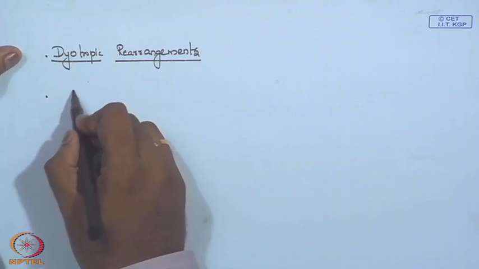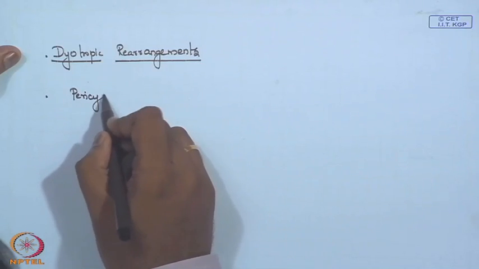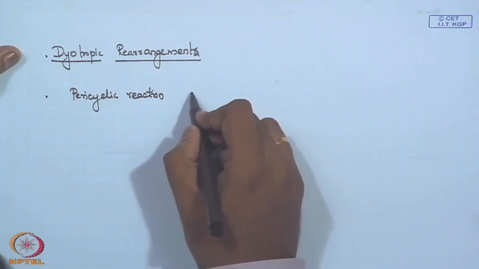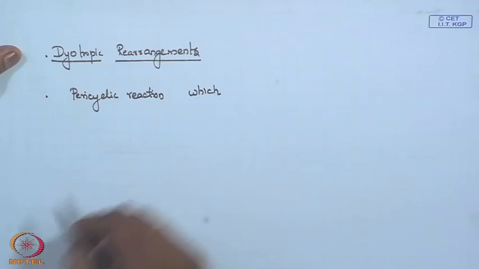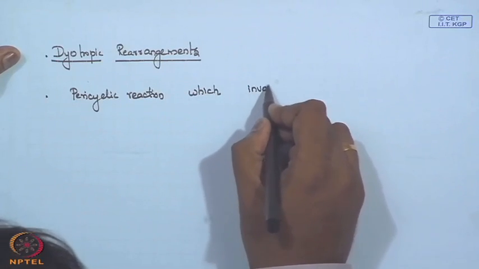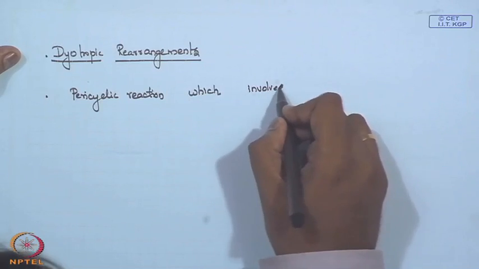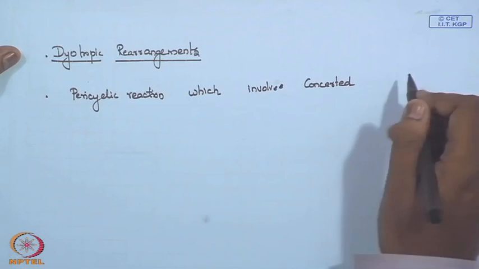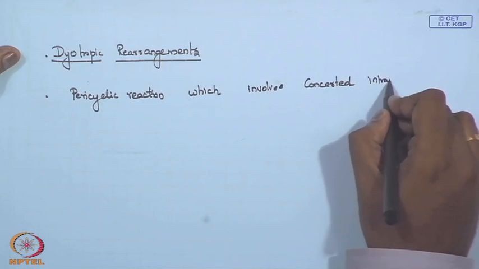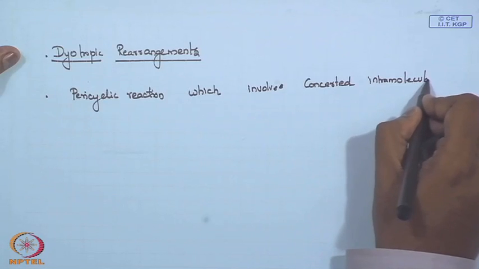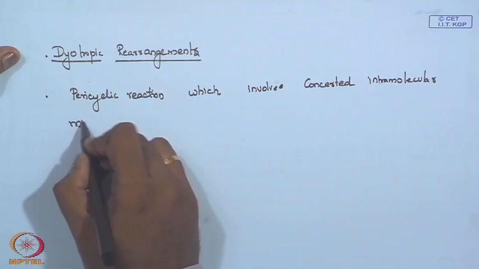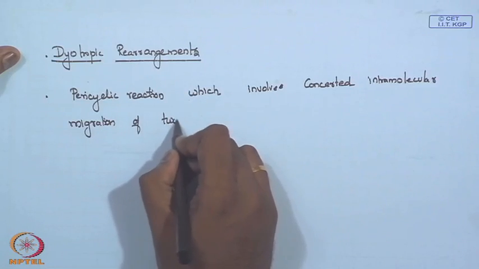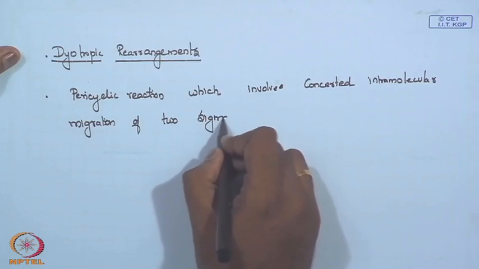A pericyclic reaction which involves concerted, intramolecular migration of two sigma bonds.